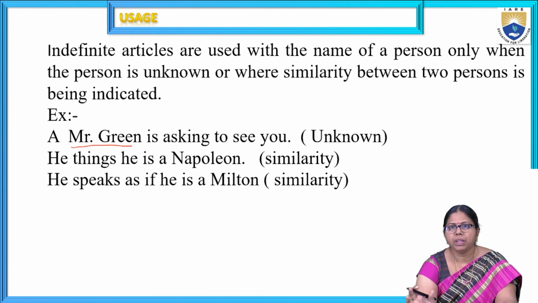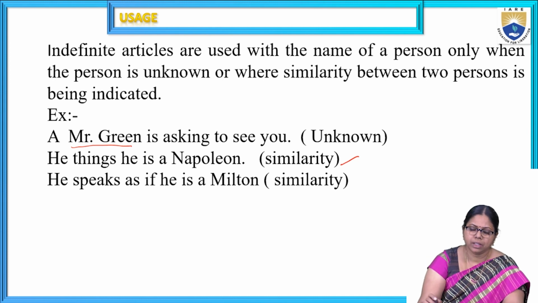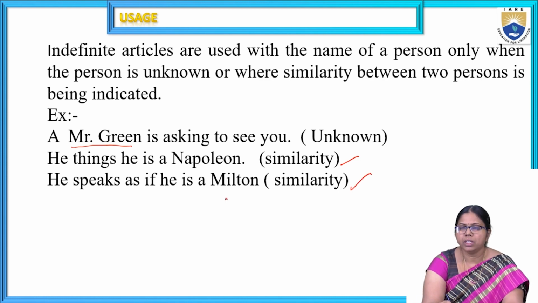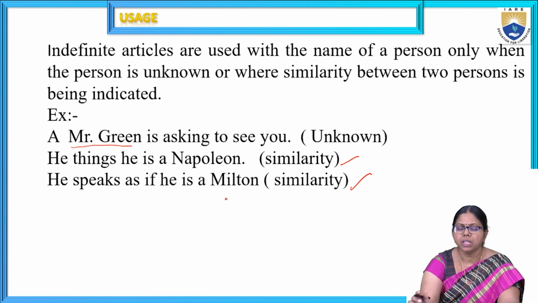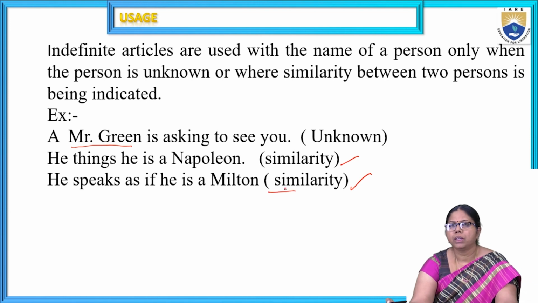When we are showing similarities between persons, we can use the indefinite article a or an. Next, he speaks as if he is a Milton. We are comparing a person to the English poet Milton, as if he speaks well. So he speaks as if he is a Milton, comparing with some great people.